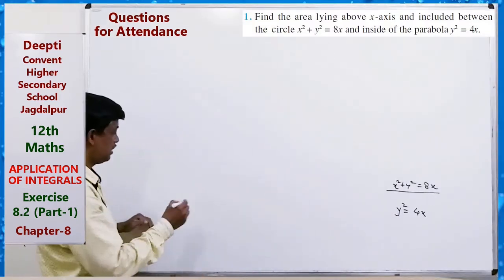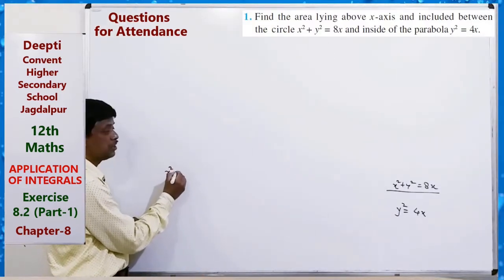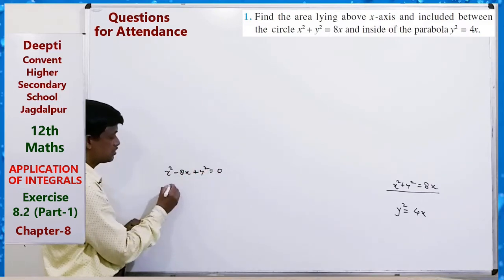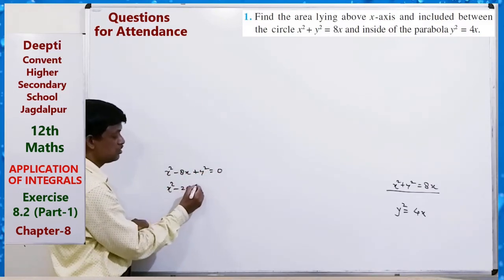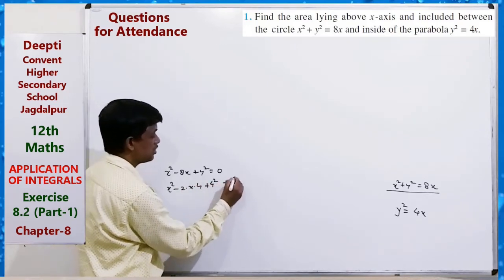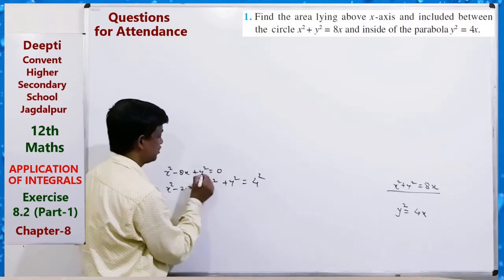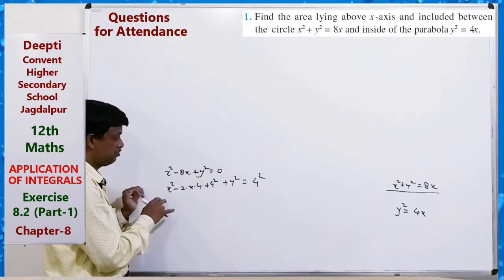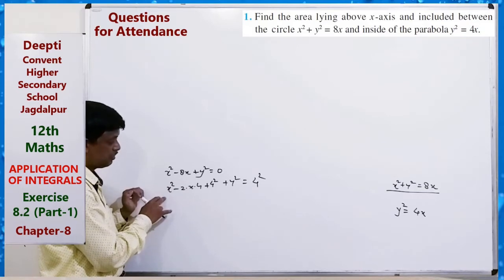So we can write x square minus 8x plus y square equals 0, then x square minus 2 into x into 4 plus 4 square plus y square equals 4 square, because we try to make a perfect square.